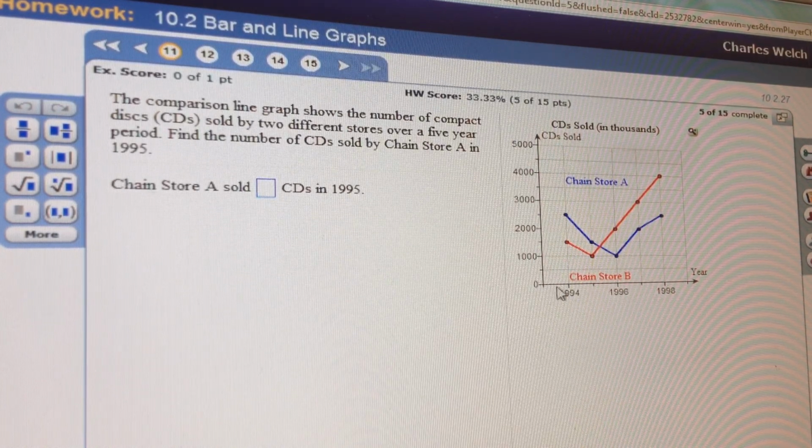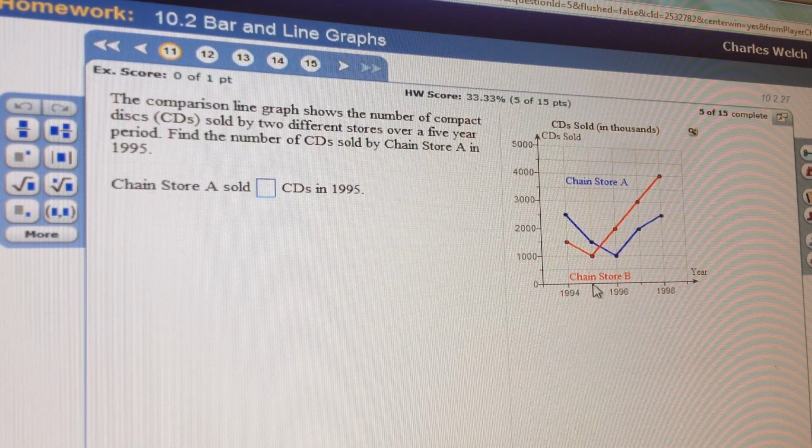All right, so we see the time reflected across the bottom, 1994, 1995, 1996, and then we see in this particular one, this is CD sales. So you can see a scale over here on the left side, and we've got two stores. A is in blue, B is in red, and it said chain store A sold how many CDs in 1995.